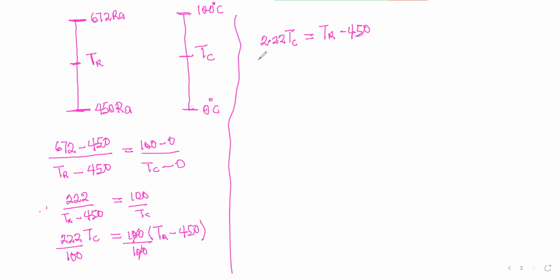Therefore, T subscript R is equal to 2.22 T C plus 450.